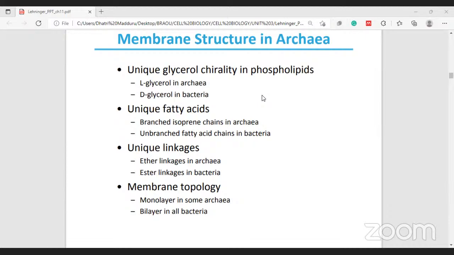So the head group and the tail groups: the tail groups in bacteria are fatty acid chains, which are not branched. You can see only two chains. But in archaea, we see isoprene chains instead of fatty acid chains, and they are branched. And the linkages: we have ester linkage in bacteria and ether linkage in archaea. And the topology, that means the structure, is monolayer in archaea, whereas bilayer in bacteria.